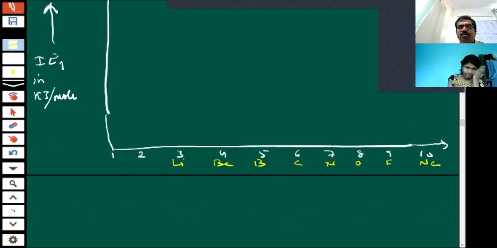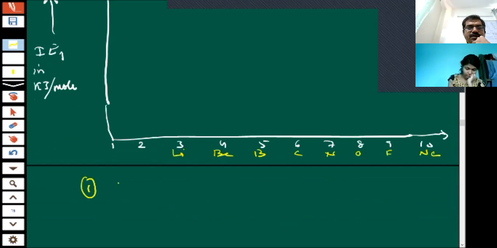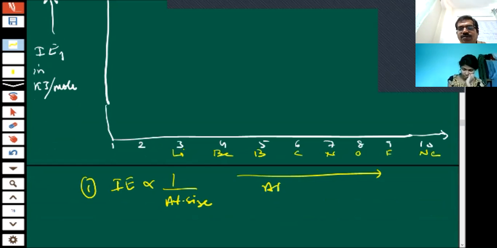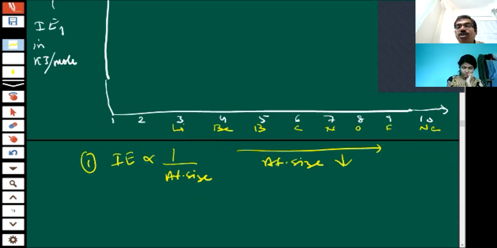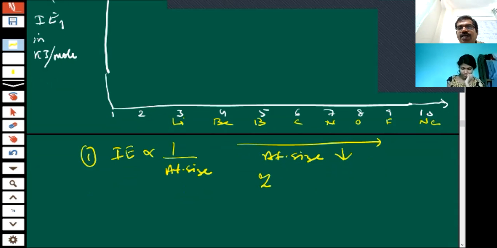Did you remember one fact, that ionization energy is inversely proportional to atomic size? And you know that when you move from left to right, atomic size decreases, because the same number of orbits are there and Zeff continuously increases.